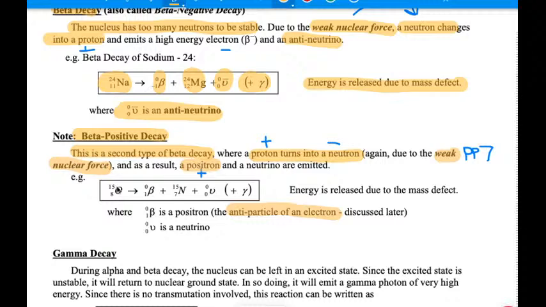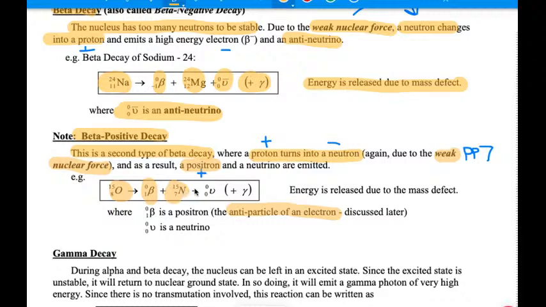So we have a parent, and we're going to emit this positron. Right here we have, instead of the negative 1 charge, positive 1 in value, and I guess it kind of is in mass too. So a positron is the antiparticle of an electron. We'll get to more of that later.